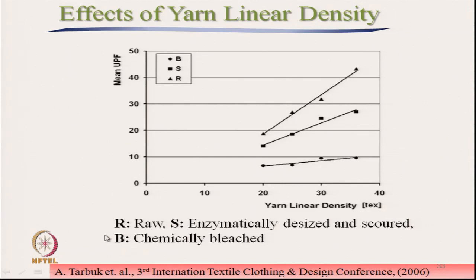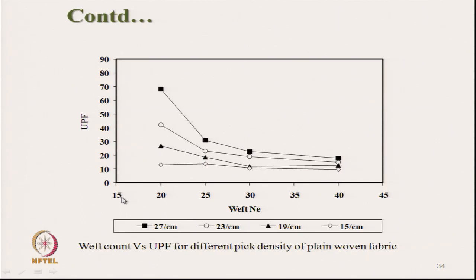But if we compare the raw fabric, enzymatically desized fabric and chemically bleached fabric, the raw fabric has higher UPF because of the presence of wax and other material, and this is the same trend here in weft count, in English count. As the weft becomes finer, keeping all other parameters constant, the UPF value reduces, because the finer yarn produces an open fabric structure and the thickness also is less.